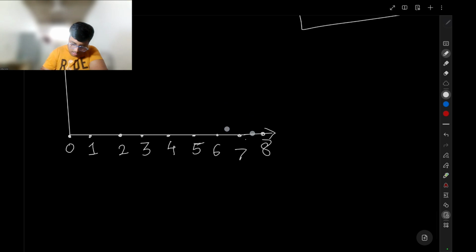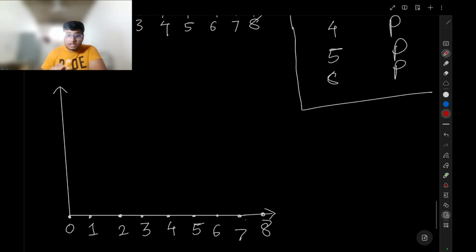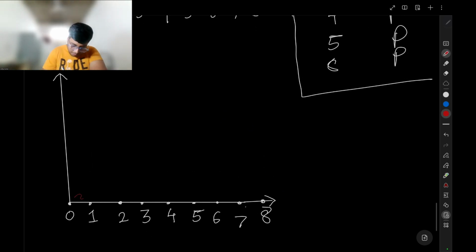Okay, like this. Let's denote the data points by red ink, so it will be very convenient for you. 1, 2, 3 are fail, and 4 is our pass. So 4, 5, 6, 7, 8. So what we want here is this.